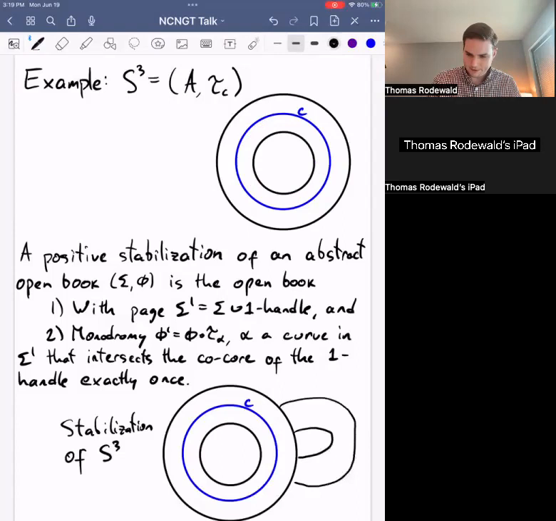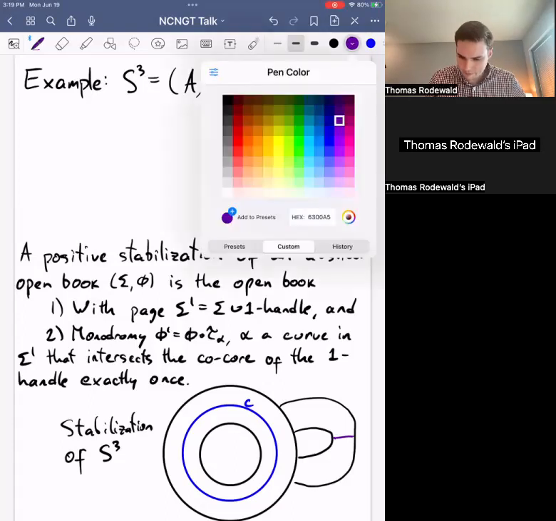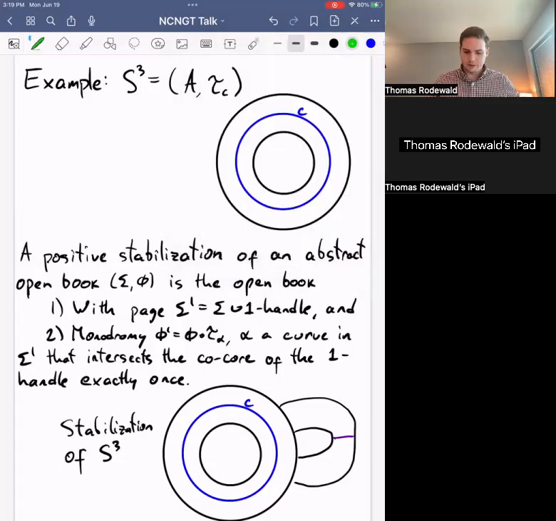That's your one handle, and here's the co-core of the one handle. Your monodromy is going to be your original monodromy composed with a Dehn twist about some curve alpha that is intersecting the co-core exactly once transversely. So you could have this be your alpha.